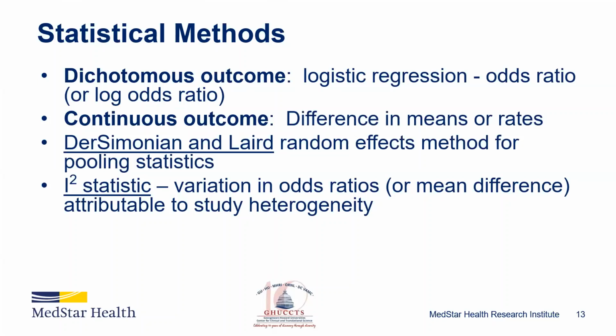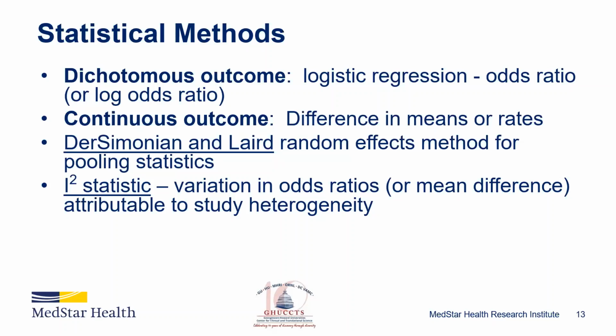So in that case, our analysis is going to be a logistic regression, creating an odds ratio or risk ratio, or sometimes it's done on the log of the odds ratio. If we have a continuous outcome, then we're looking at differences in means or rates. And the primary method, which I'm not going to go into the details of, is a method for analyzing studies as random effects.